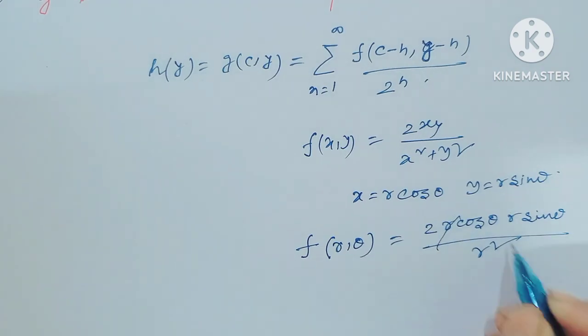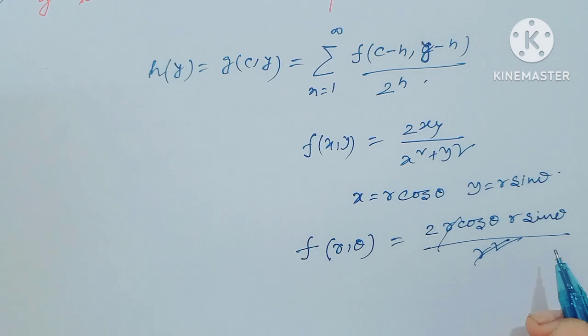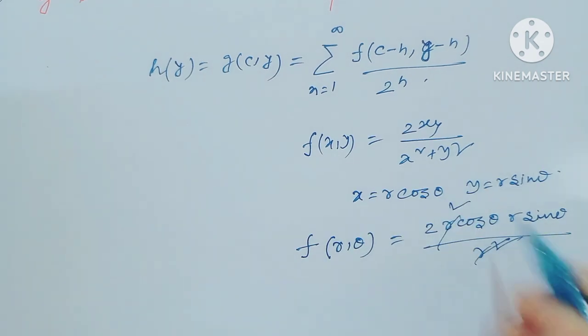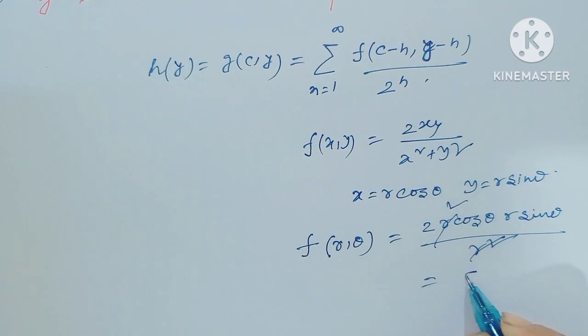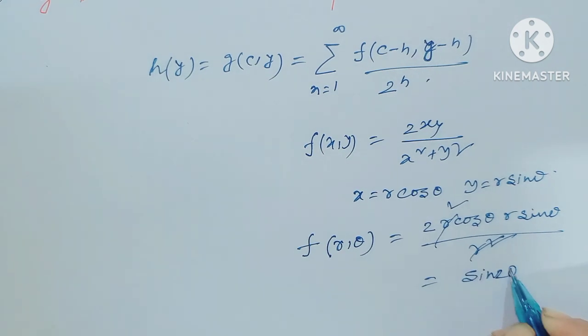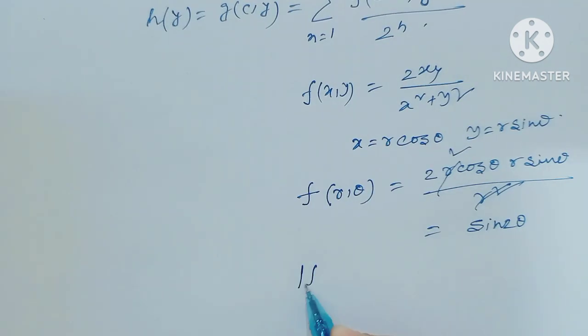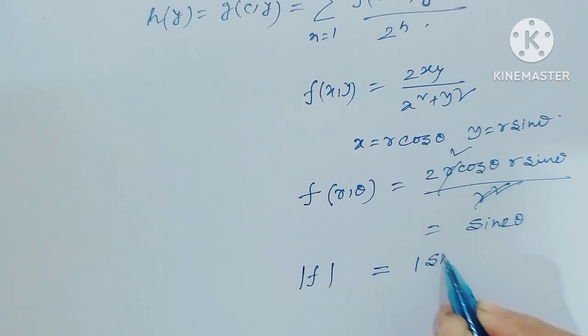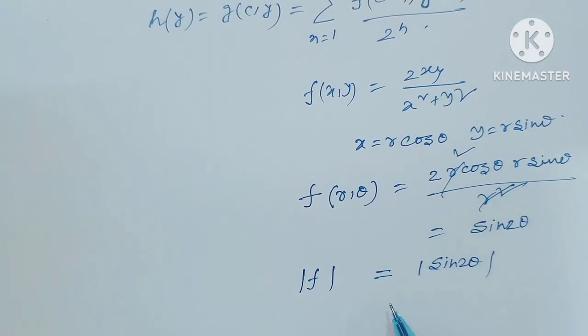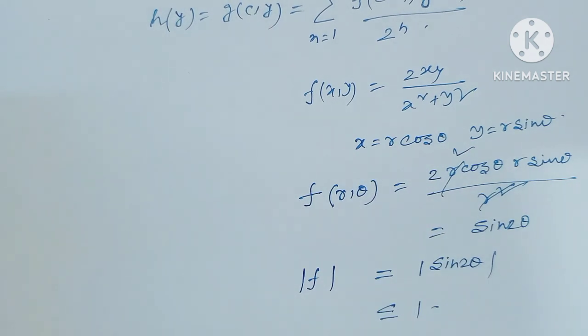The r square cancels, and the value is sin 2 theta. Applying modulus on both sides, the modulus of f is the modulus of sin 2 theta, which is obviously less than or equal to 1.